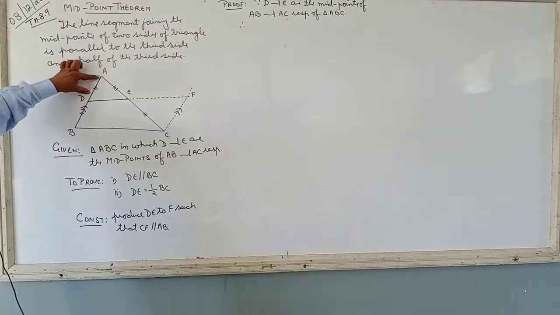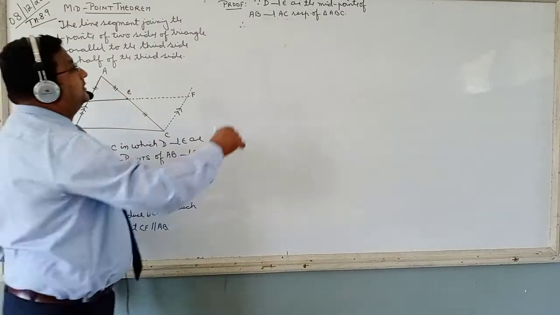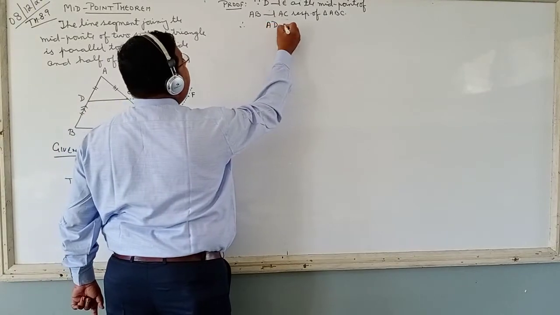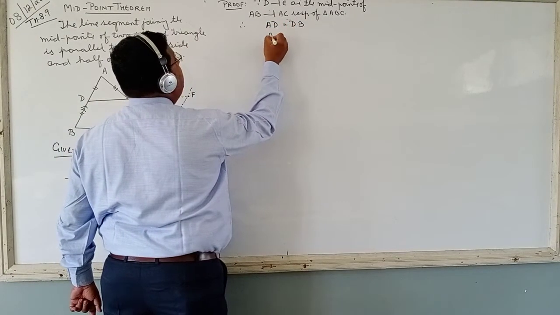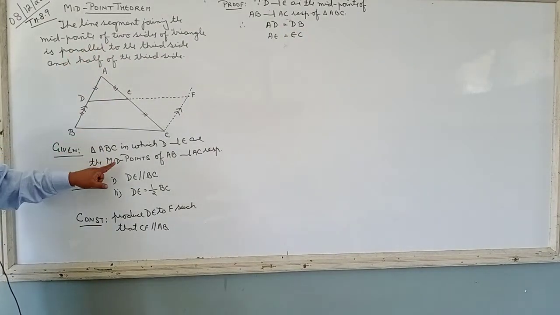Therefore, AD is equal to DB, AE is equal to EC. This is given to us, so we have mentioned nothing new.